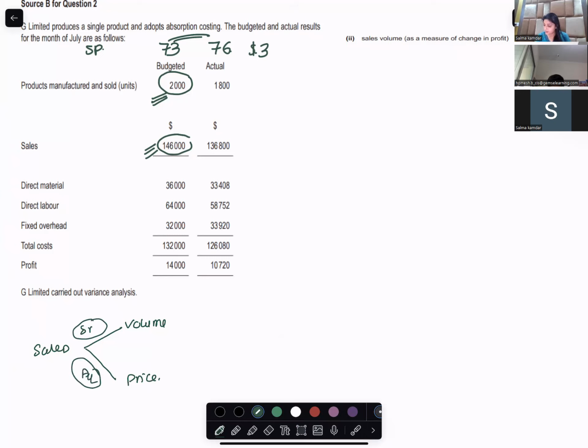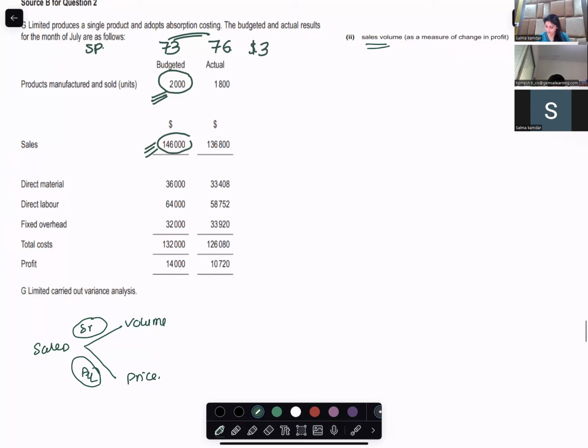Okay. Now they want sales volume. That means you want standard quantity minus actual quantity. But instead of multiplying with SR, what do they want? Profit. Okay, they want it as a measure of change in profit. So they want profit, right? Okay, change in profit.